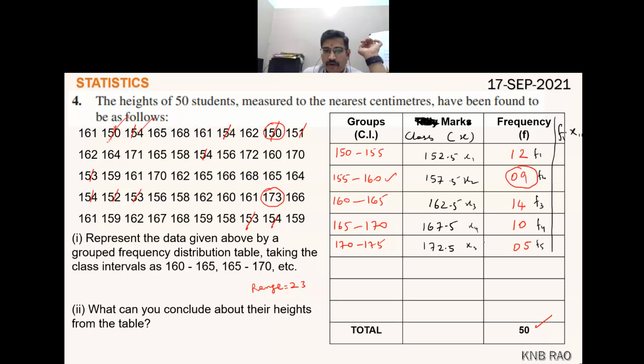Now, children, in class 10th, what you are going to learn is finding the average height of grouped frequency data, or the average height for these 50 students.